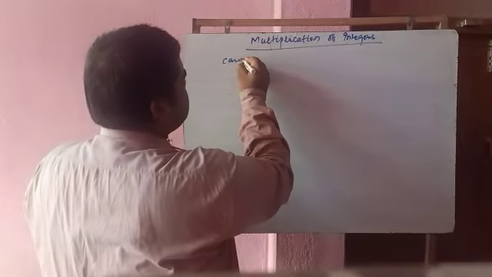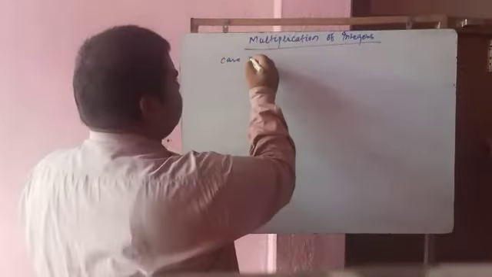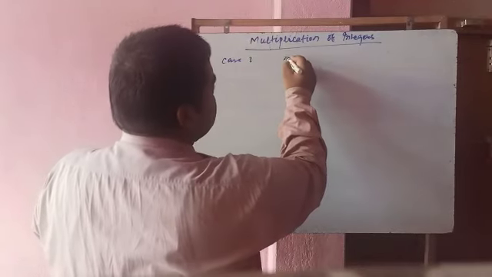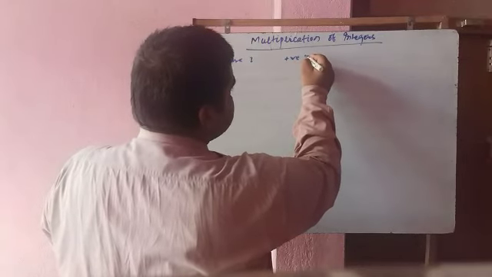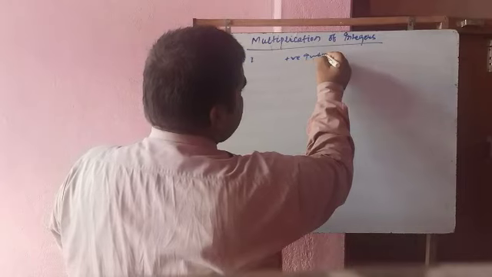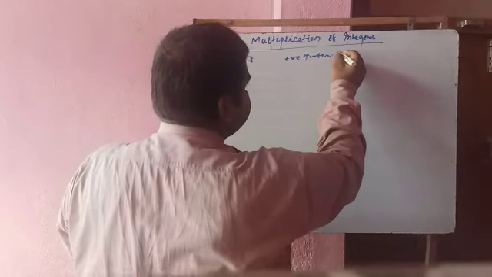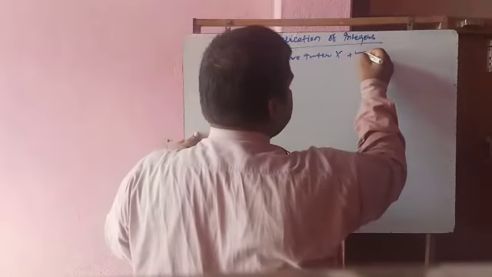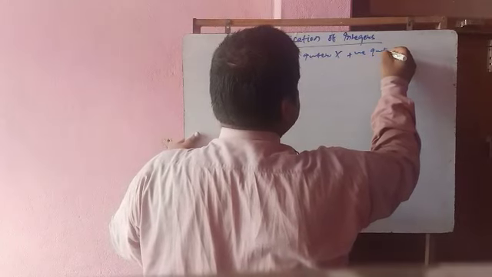Case one is when you multiply two positive integers, a positive integer multiplied by another positive integer.